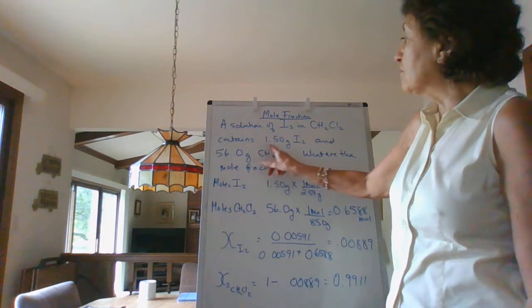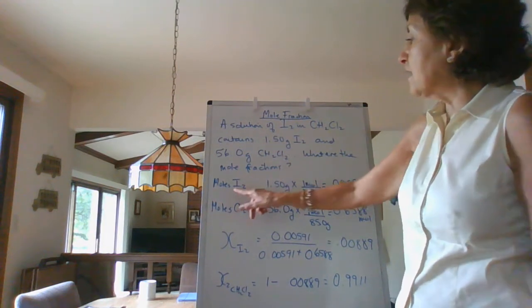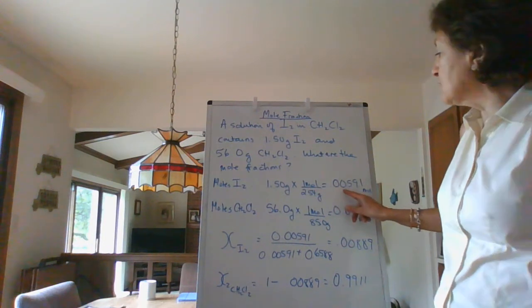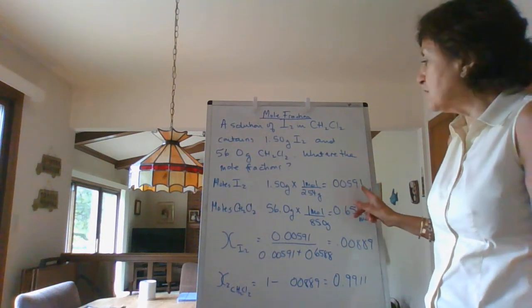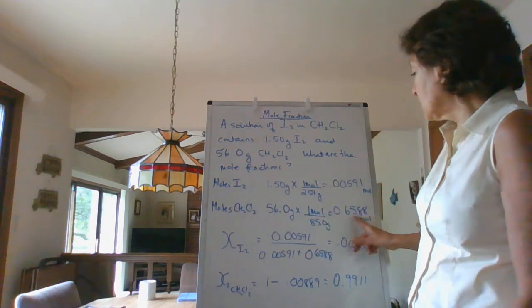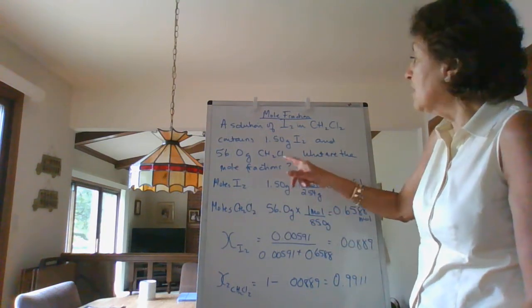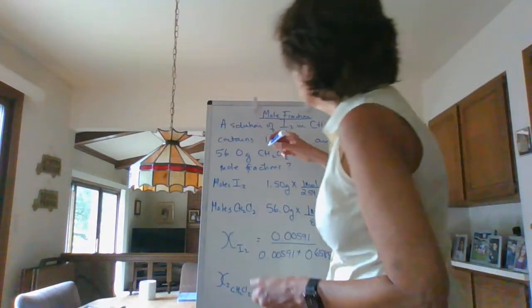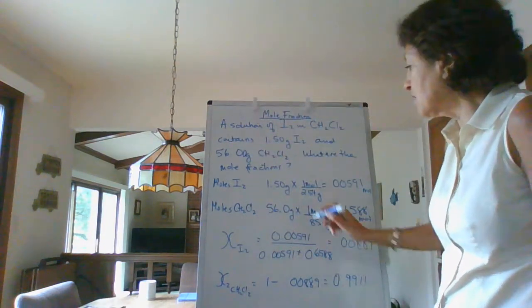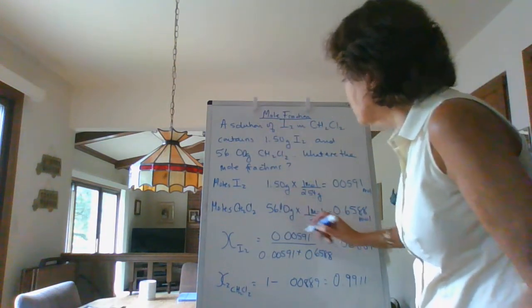So first you convert your 1.50 grams of iodine to moles using the molar mass of iodine, and you get 0.00591 moles of iodine. And then over here, no idea why I have so many sig figs. Originally, this had two, so I went with 4 sig figs here.